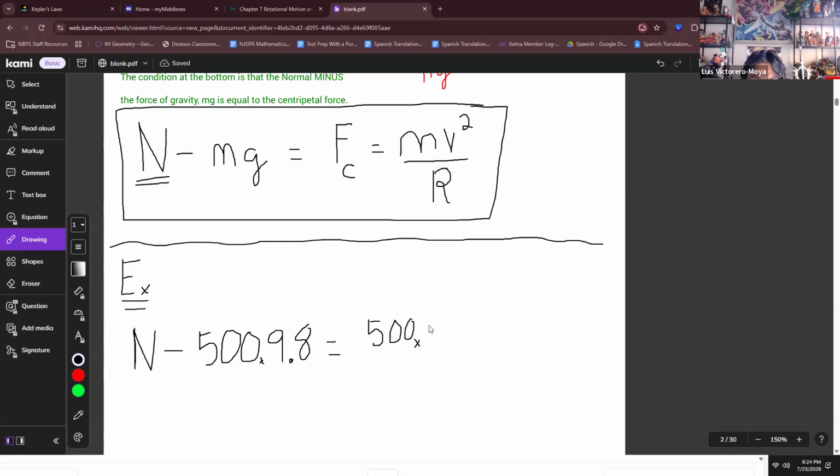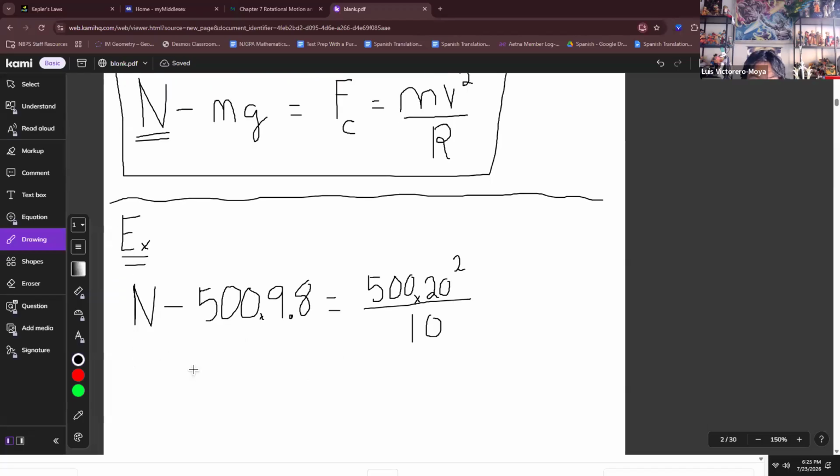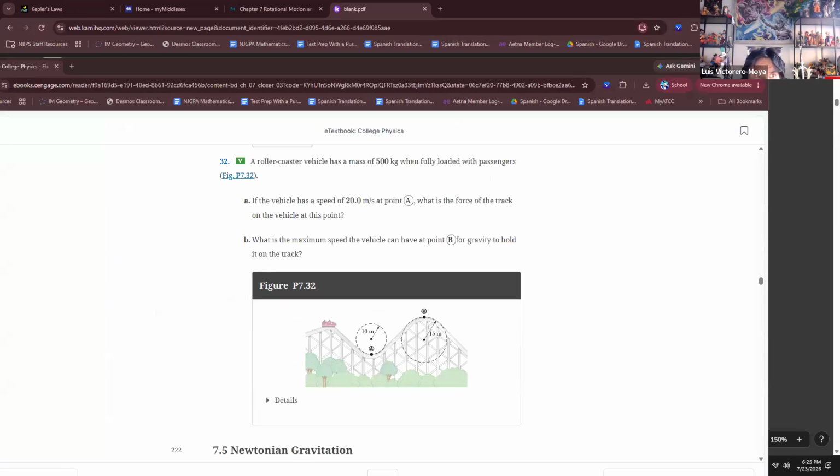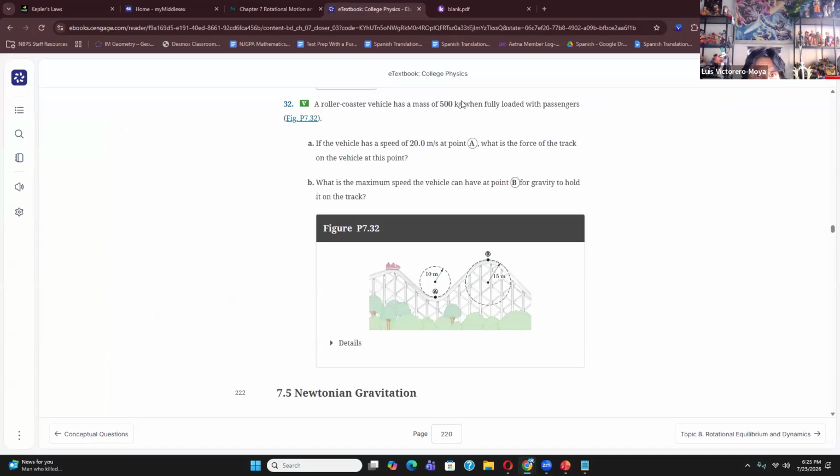The speed at that point was 20. And the radius was 10. So now I can find my normal, the force exerted by the track. All right, let's put it here. And let's open this.